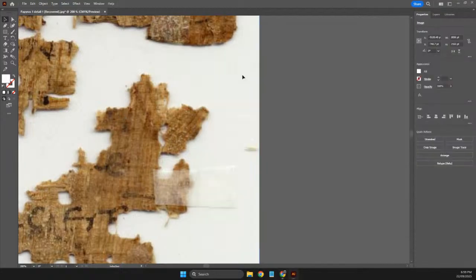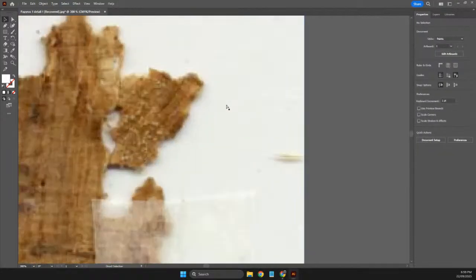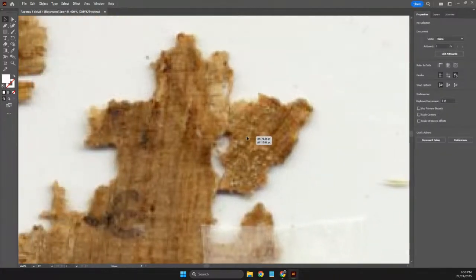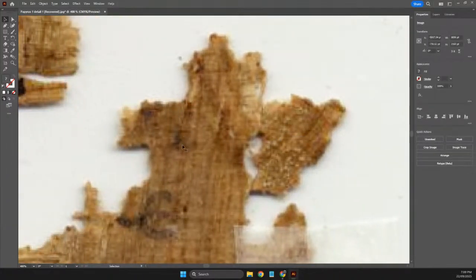Oops. Let's zoom in again. But it does seem that that is a pen mark there. Okay, so we're looking at Ezekiel, maybe, or Yoram, Yotham, or Ahaz.